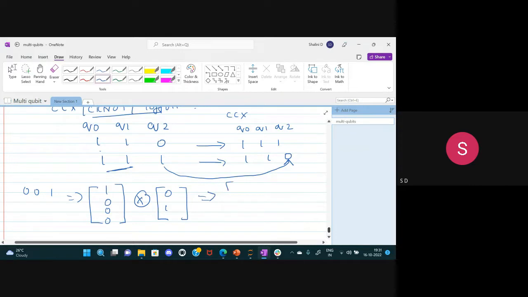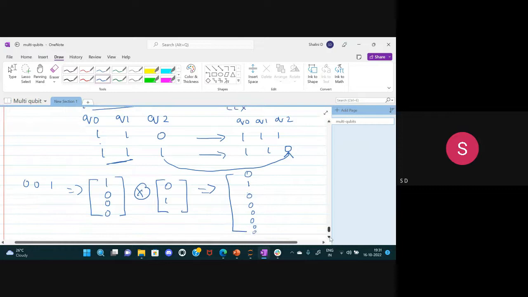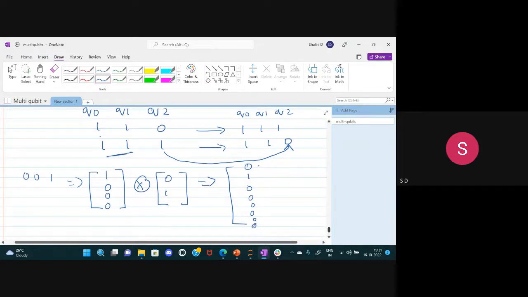If you compute this, you will get 0 1, 1 2 3 4 5 6 7 8. Why is it 8? Because it is 2 to the power 3. 2 to the power 3 is 8 states.